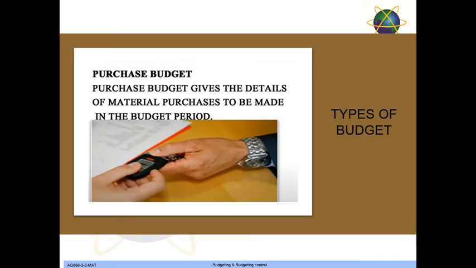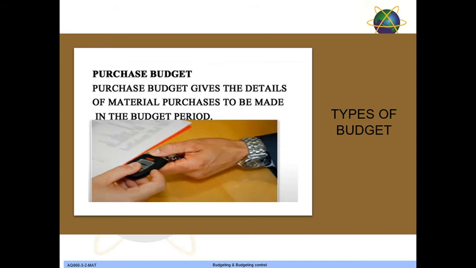The purchase budget needs to give detail of the material purchases we have to make within the budgeted period, which enables the budget officer to provide funds in the cash budget. From the purchase budget, we can identify the total amount of material purchases, and this amount we will put in the cash budget.